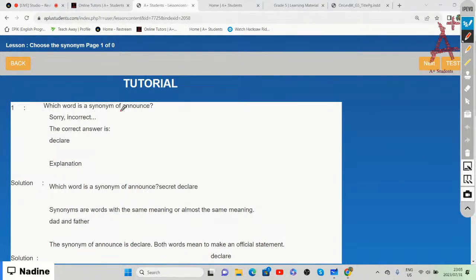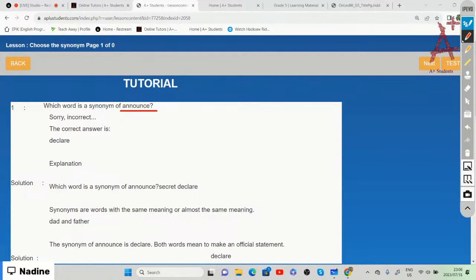So we need to give a word that is similar to announce. If you announce something, then we need to find another word that means similar to announce. Another word that is similar to announce, we can say, is declare, right?